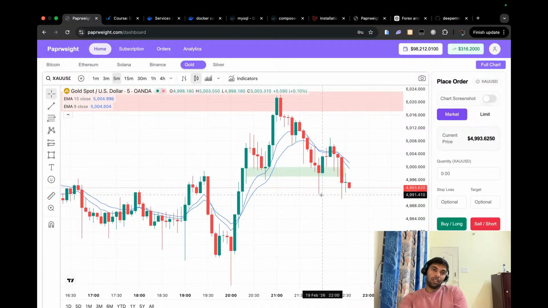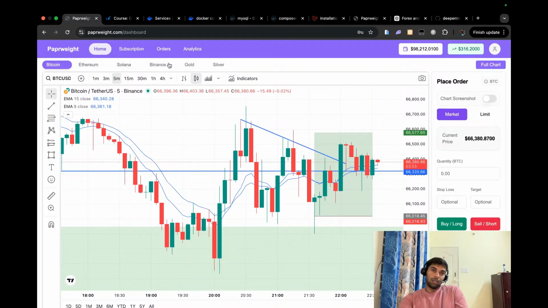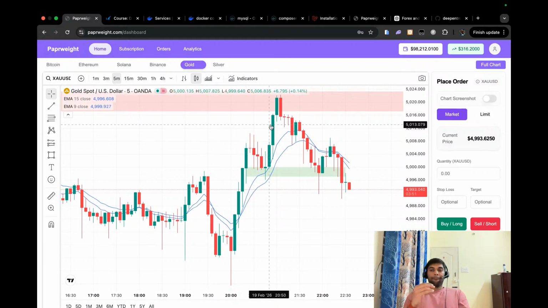I think we can do a trade in gold as well. But let's wait for the price action to uphold. We will do one more quality trade.